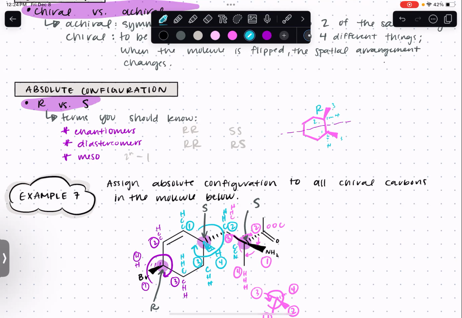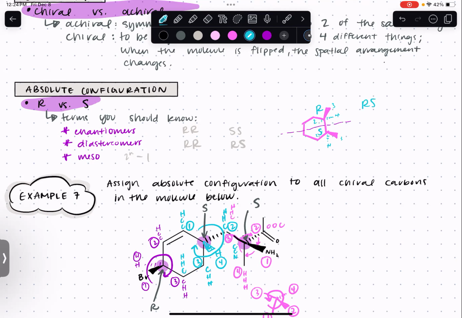This one is R. This one's 1, this one's 2, 1, 2, 3. This one is S. So right now, the way that it is, this is RS. I think I did that right. 1, 2, 3, S. 1, 2, 3, R. Yeah, so right now it's RS.